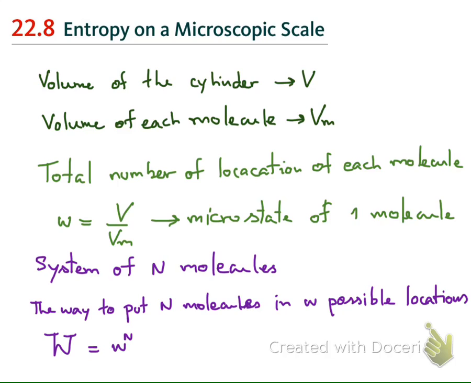Because each molecule can be anywhere in these W locations. So the total number of ways to put N molecules in W locations is W^N.